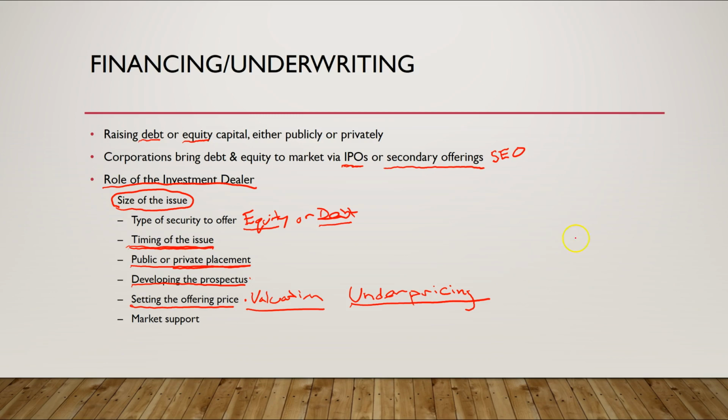This can range, depending on the year, anywhere from 2, 3, 4, 5% all the way up to 50% on average if we go back to the late 90s. And so obviously the firm wants to price their security in a way that they'll receive as much money as they can when they list their securities. They want to avoid leaving money on the table.